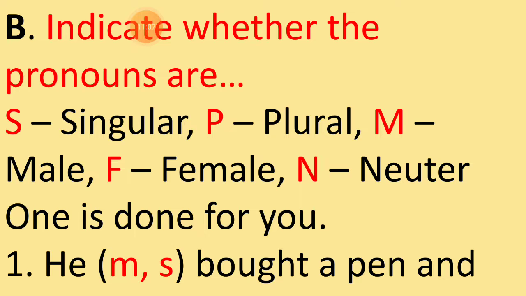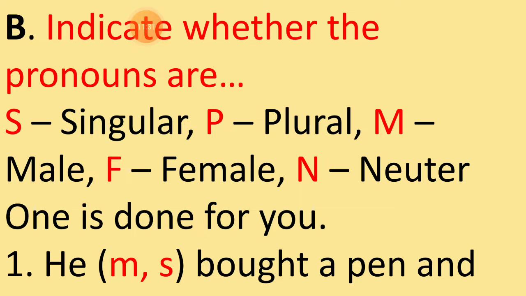Okay. Now the first one is done for us. If you see in the book, on page number 61, the first one is done for us. He (bought) a pen and gave it (to) his (brother). Now we have to identify, children. He means what?